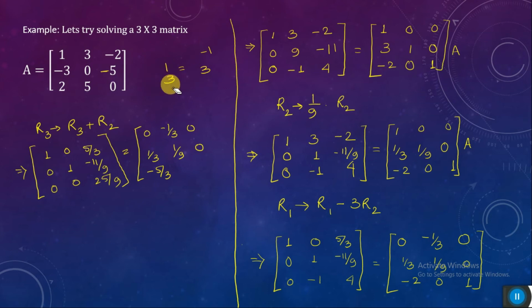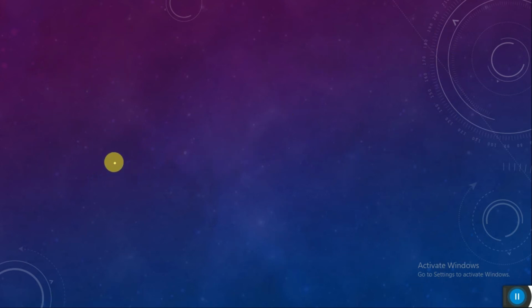Now next you can see this row 3 plus row 2 will give me 1 by 9 only. Row 3 is 0 plus 1 by 9, and again row 3 plus row 2, that is 1 plus 0 will give me 1.